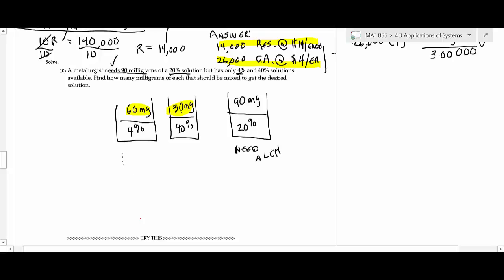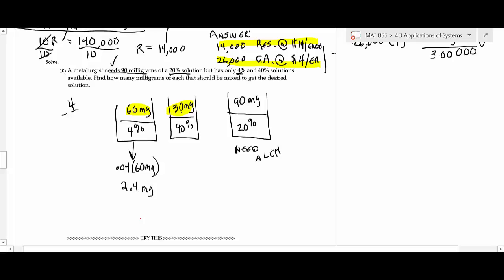Here's what you do. In your past, you've learned how to take percents of numbers. So if I did 4%, you move the decimal back 2 places to get 0.04, then I'd multiply that by 60. If I took a calculator if I needed to, what that would end up being, I think, is 2.4 milligrams.